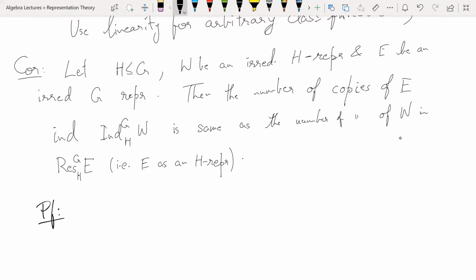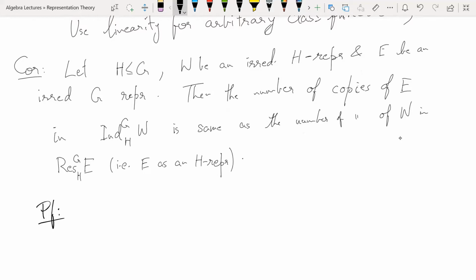So what is the number of copies of E in GHW? How do we figure that out?